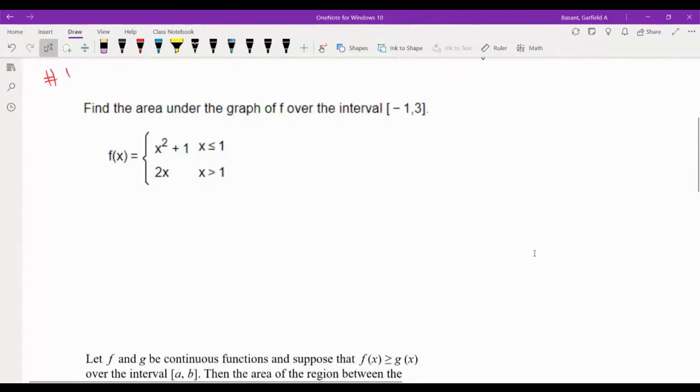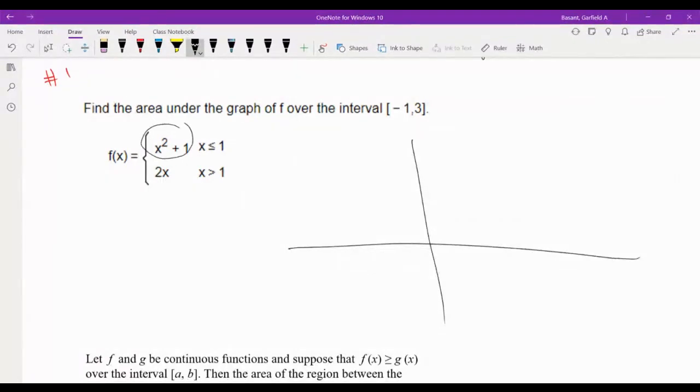If you were to sketch this function, let's start with the x squared plus 1. This is a parabola that intersects the y-axis at 1. So we know that this looks like this. And then we have a line, y is equal to 2x.